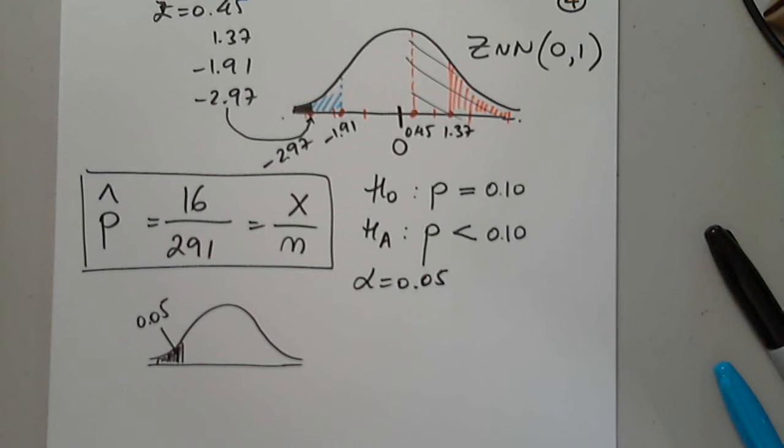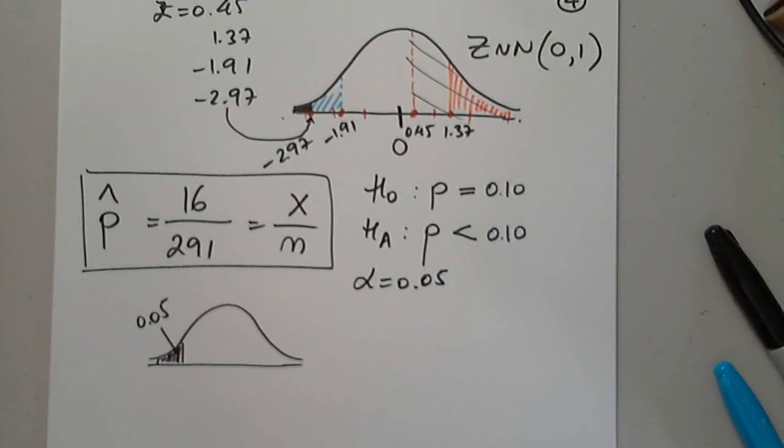One more time, so I'm not confusing you: stats, then tests, one proportion z-test, number 5. And p0, coming from the null hypothesis, is 0.1.